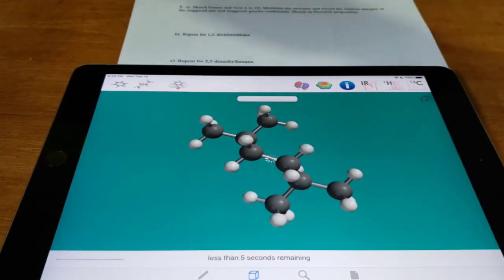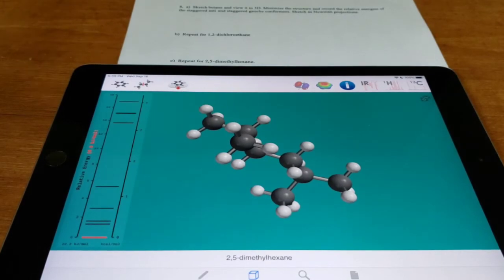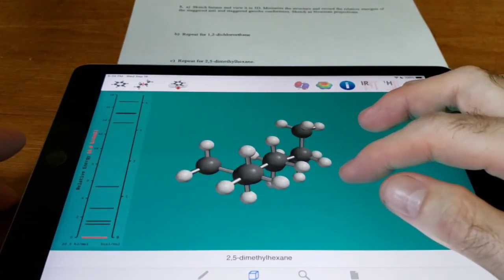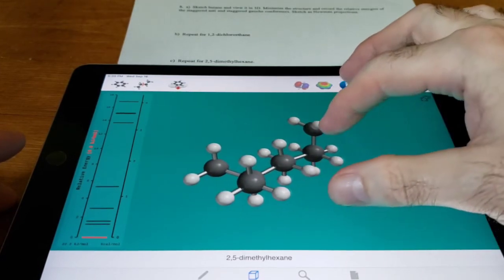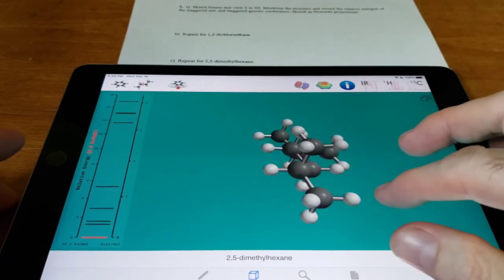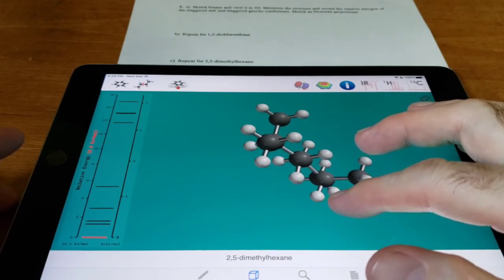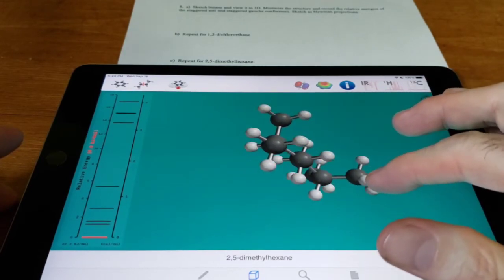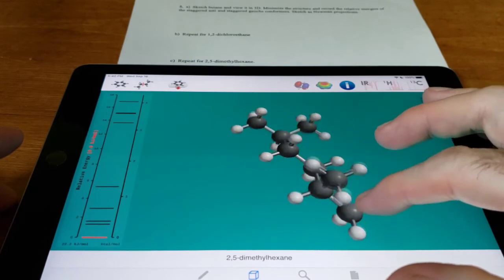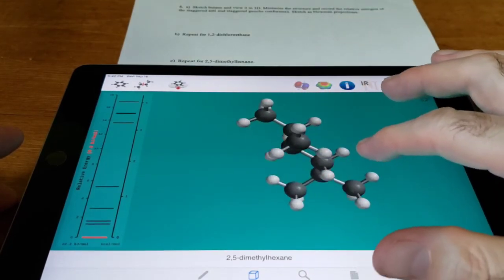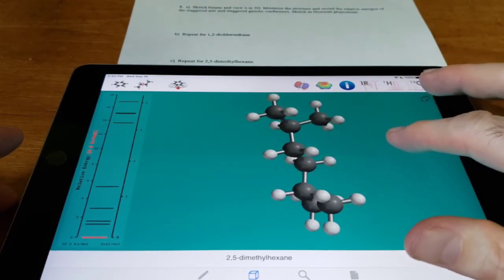Let's go look at some conformations. This is going to be the staggered anti. This is our lowest conformational energy.